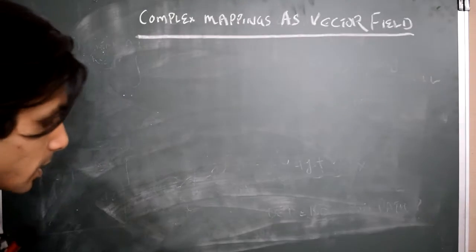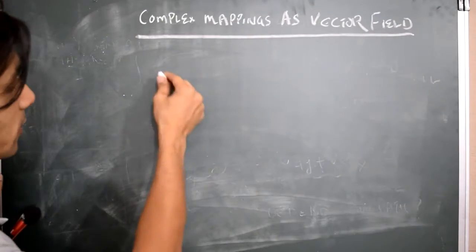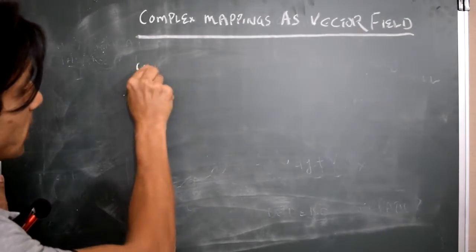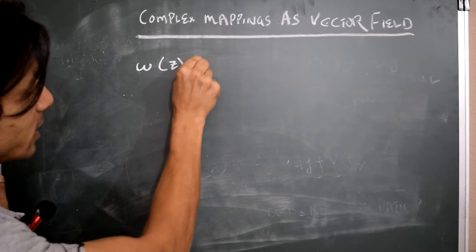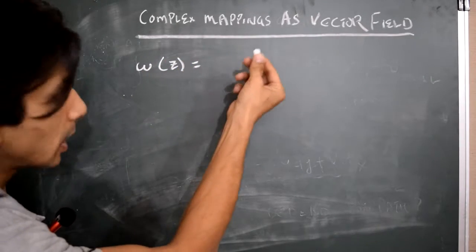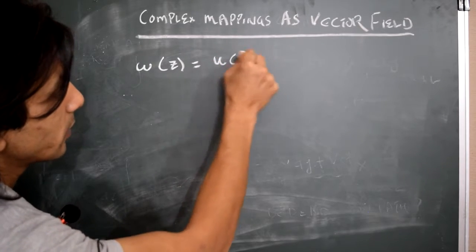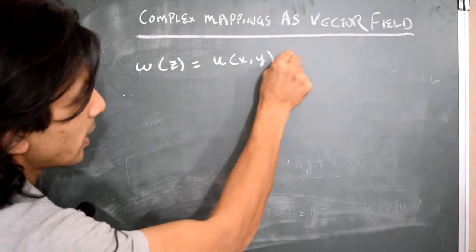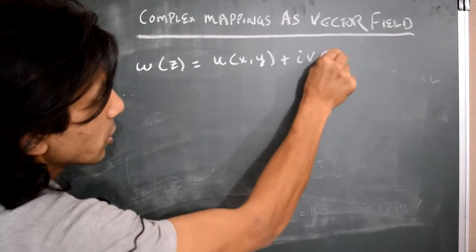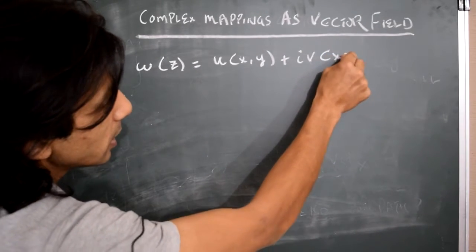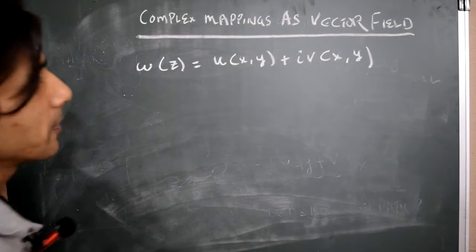Essentially, when we define a complex function of a variable z, we have two components: the real component, which we typically denote with the variable u, which is a function of x and y, plus i times the imaginary component, which we denote with the variable v, which is again a function of x and y.